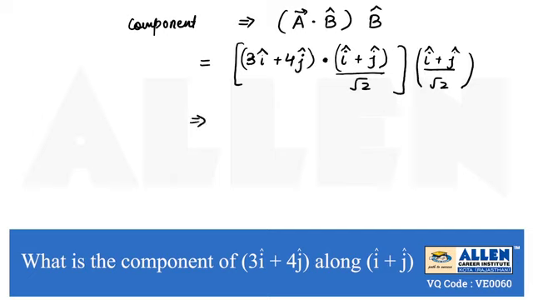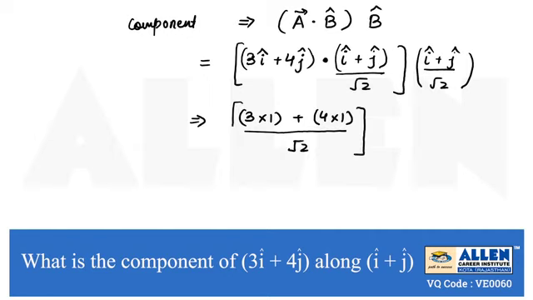We have to do the dot product of two vectors, and by conclusion the coefficients can be directly multiplied. Here the coefficient of i cap is 3 and in the other bracket is 1, and the coefficient of j cap in the first bracket is 4 and in the other bracket is 1. So I am going to directly multiply the coefficients. 3 into 1, that is the coefficients of i cap, plus 4 into 1, that is the coefficients of j cap, whole divided by root 2.